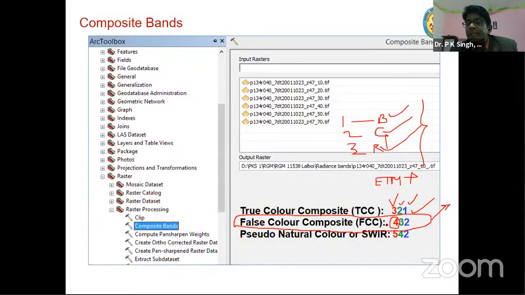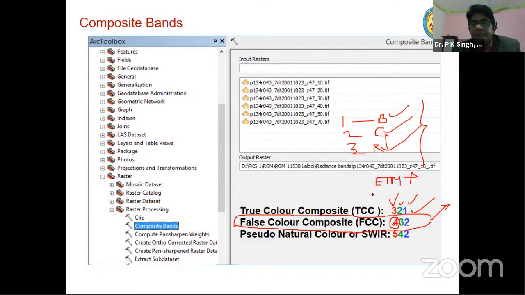So if you give red color to band 4, it means the areas where vegetation is dense will look red. Therefore, this 4-3-2 combination is the standard practice to make a false color composite. Especially, it highlights the vegetation. Where there is maximum vegetation, it will look dark red.